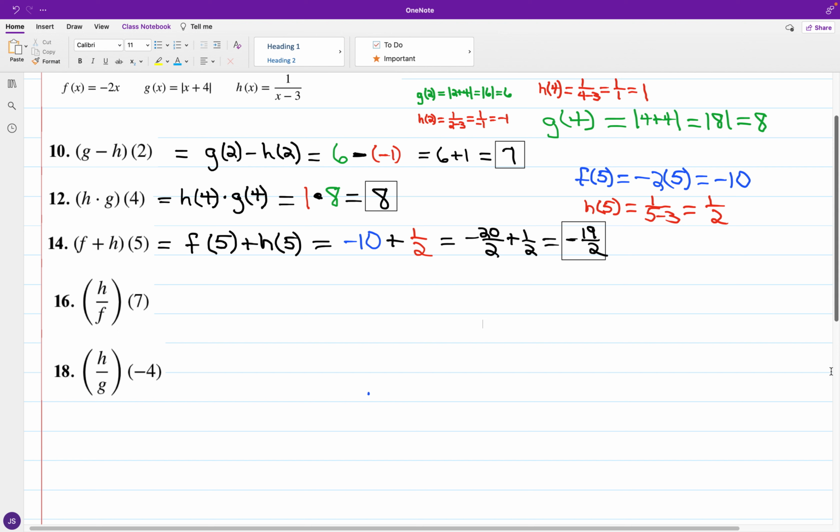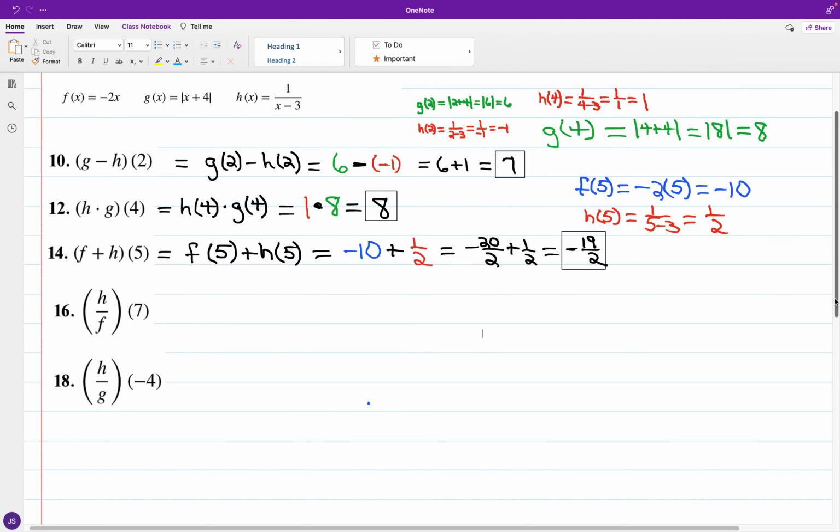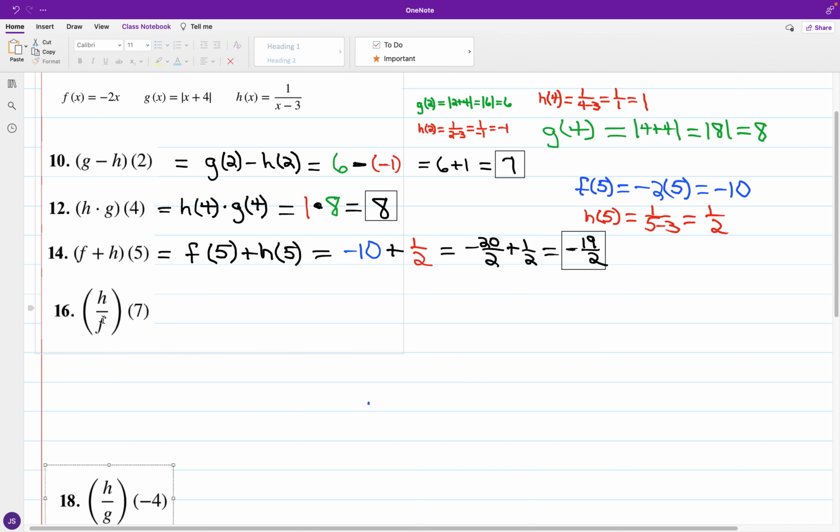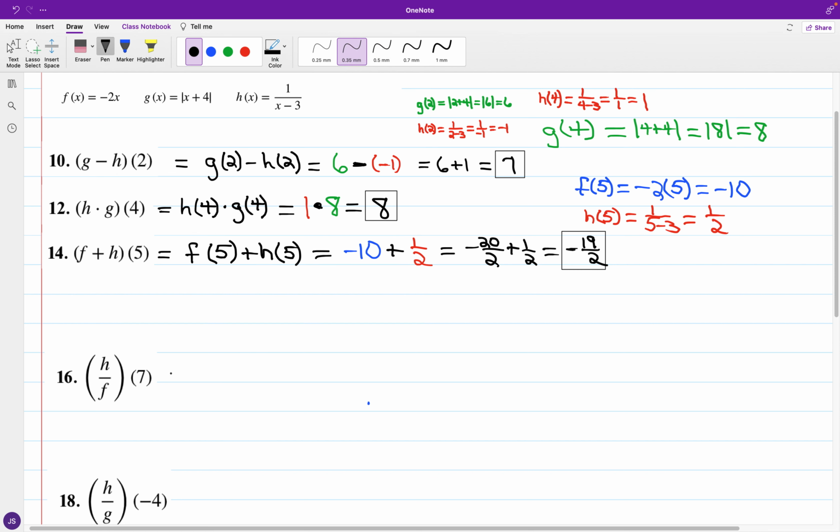Now in the case of numbers 16 and 18, with these items, we're looking at the values of quotient functions. In the case of h over f of 7, you have h of 7 all over f of 7.